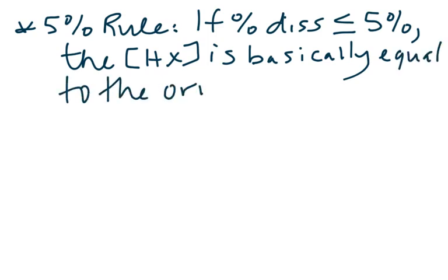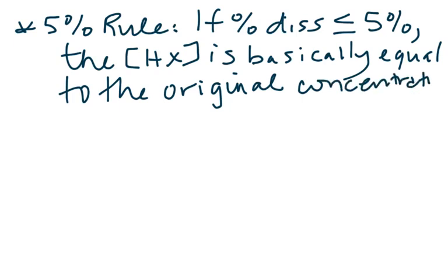So that means you don't have to use the subtracting value we saw on the previous slide. You can use your original concentration. And most of the time, that's what's going to happen.